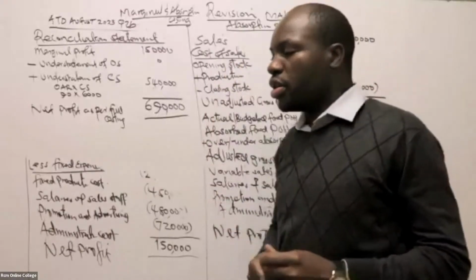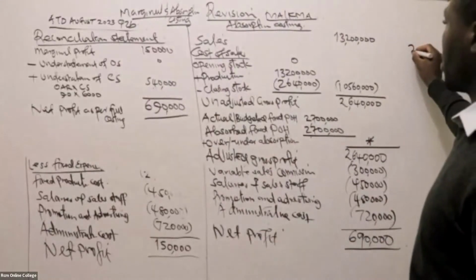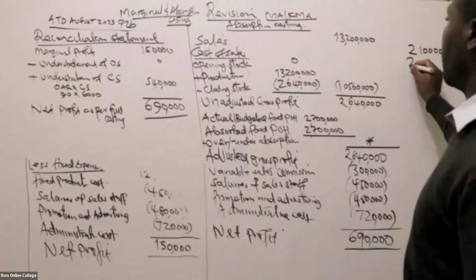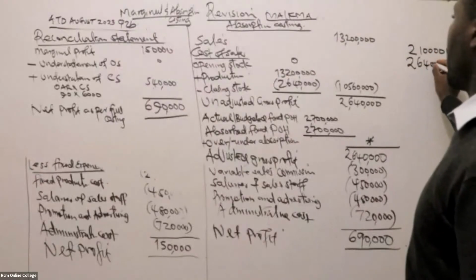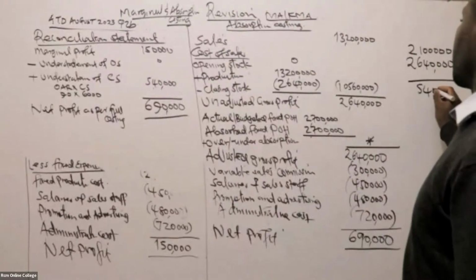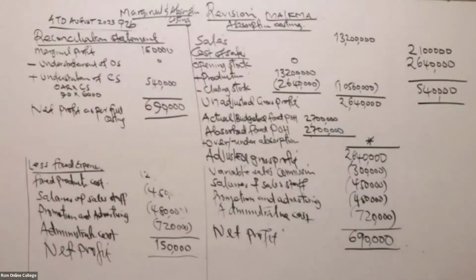Is it true that if you get the difference between the value of closing stock as per marginal and the value of closing stock as per absorption costing, you are getting 540,000? Is that what you are getting?